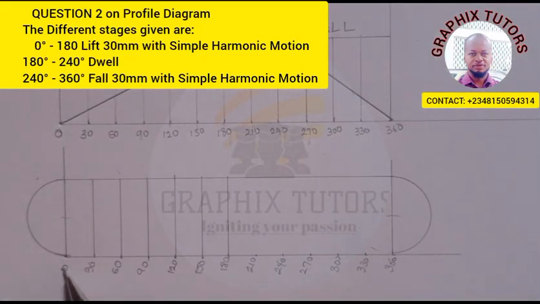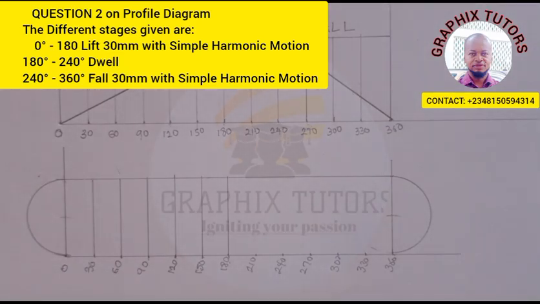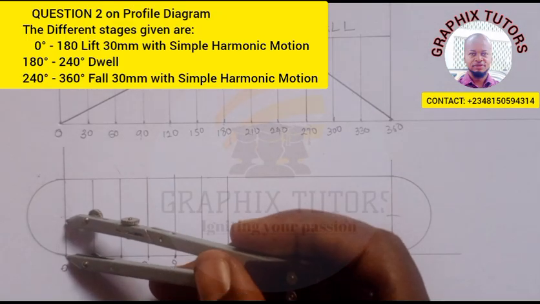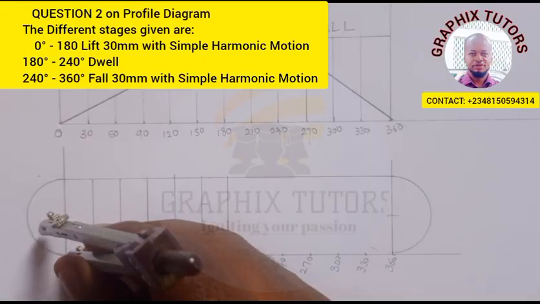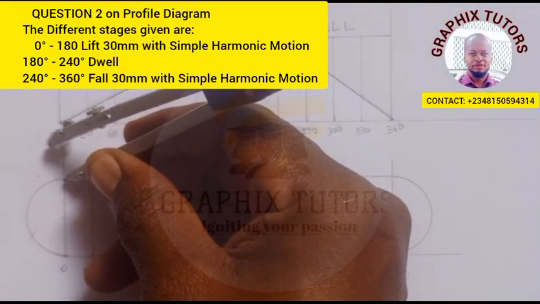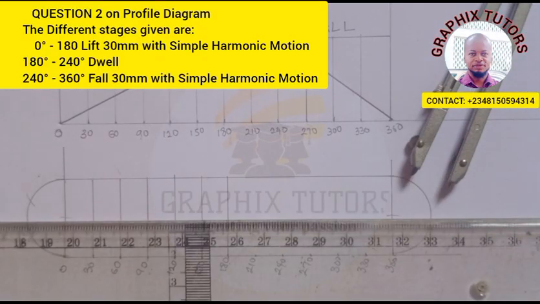Then if you count 0, 1, 2, 3, 4, 5, 6, meaning that you're going to divide this circle into 6. So I can easily use this way. I'll mark up. I'll come here also. I'll mark here too. Then this other one here, I've not drawn that.